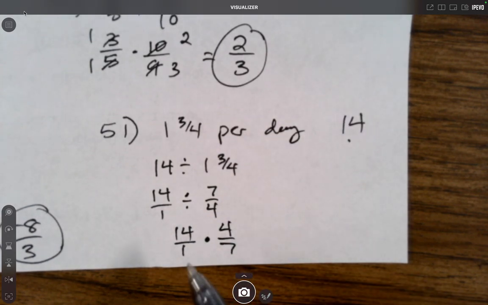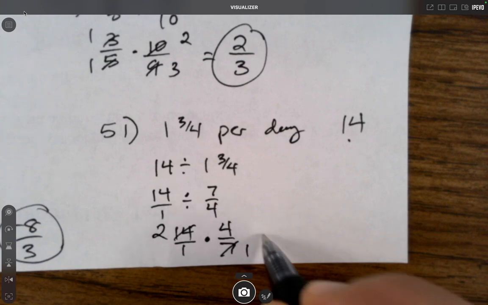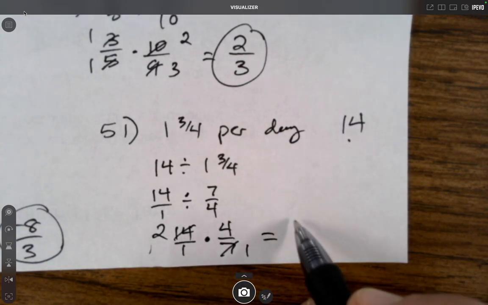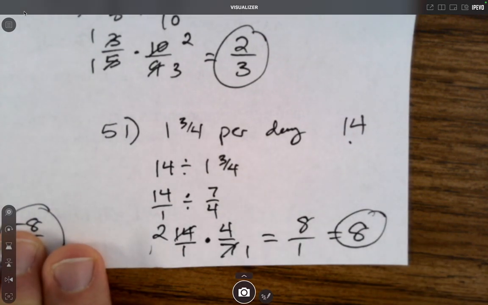We cannot cancel out anything with 1 and 4, but we can with 7 and 14. They're both divisible by 7. 2 times 4 is 8. 1 times 1 is 1. So it will take her 8 days to drink 14 glasses in total.